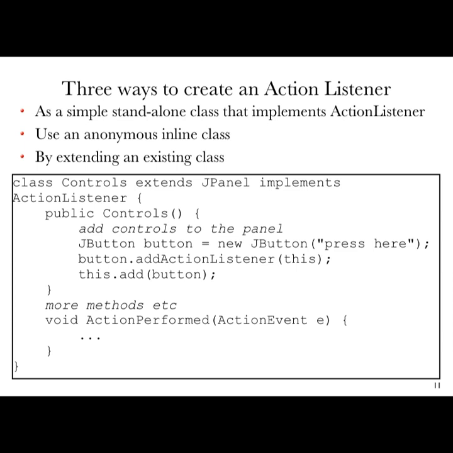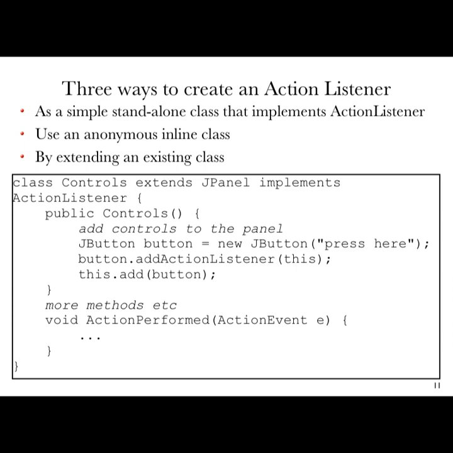So what have we done here? Well, we've taken a button and put some text on it, so that just creates a button called Press Here. We need to do two things. Secondly, we need to add the button graphically to the interface.